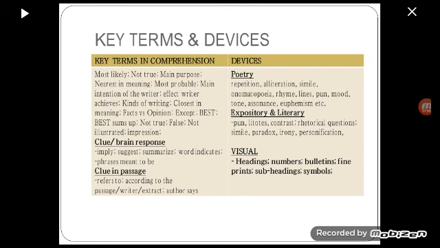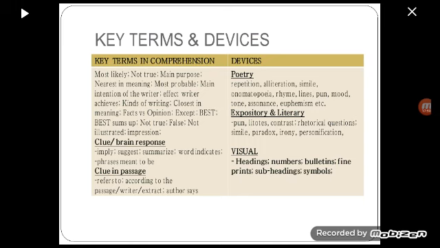Some terms will ask you to use the clue from the extract as well as your brain. You need to think to respond. Words like imply, suggest, summarize, word indicates, phrase is meant to be. The clue is usually in the passage if you see terms like refers to, according to the passage, writer, according to the writer, according to the extract, or author says.